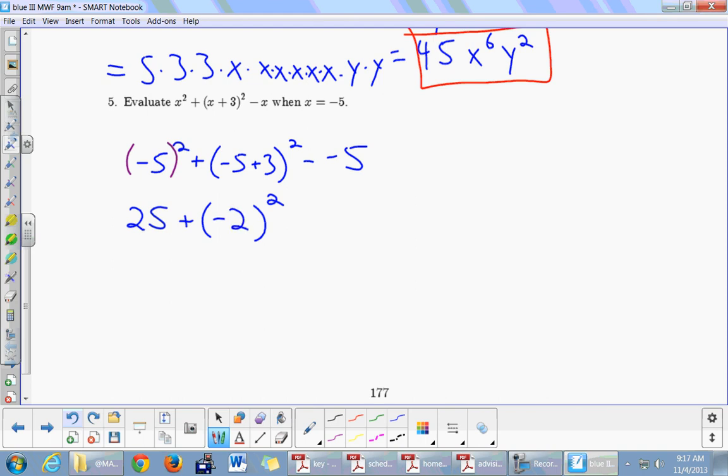And what's a better way to write subtract -5? Is +5, right? Two negatives right next to each other. Change them to a positive. Okay, equals 25. All right, -2 squared. That's +4. So that's +4 plus 5. So 34 is our answer.